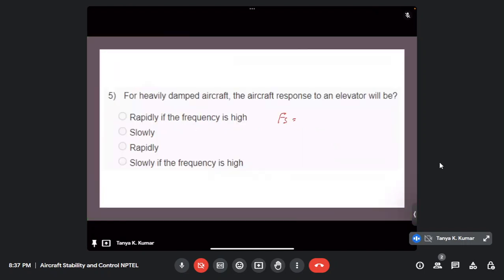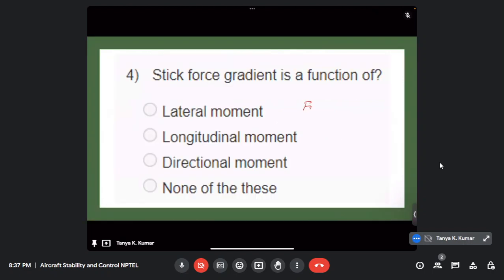So Fs was hinge moment into delta E by delta S into LS. So stick force gradient, what does it depend on? Look at the options.